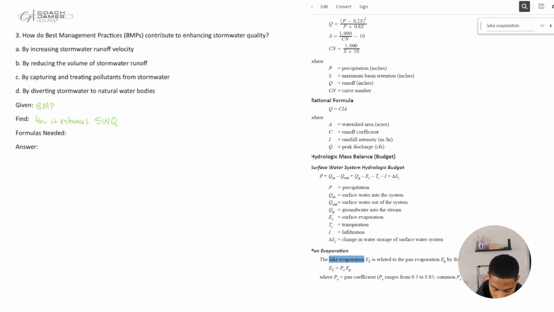So, does it increase the stormwater runoff velocity? No. You don't want water moving fast.